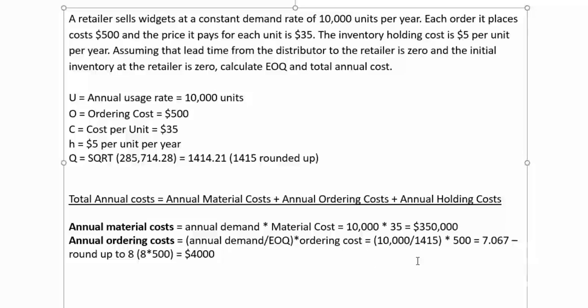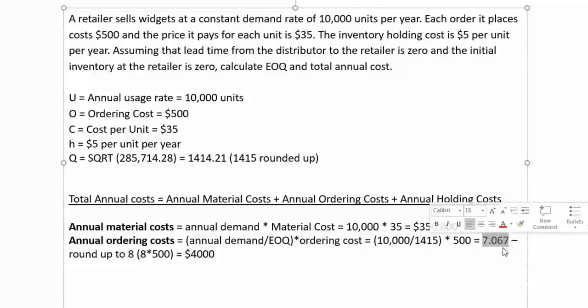As you see here, we go 10,000 divided by 1,415, and we multiply this number by the ordering cost per order. So we calculate how many orders, multiply it by the cost per order, and that gives us the ordering cost. Simple enough. So 10,000 divided by 1,415 equals 7.067.